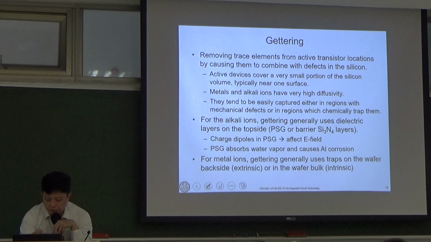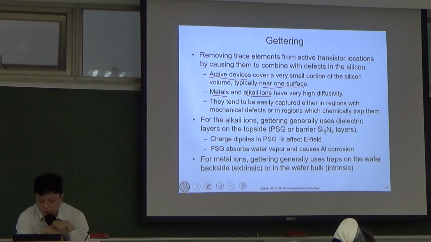Okay, so then our transistors, these active devices, are typically near the surface, right? And we try to remove some metals or those alkali ions, which are very mobile, so we have to move them away from your surface.